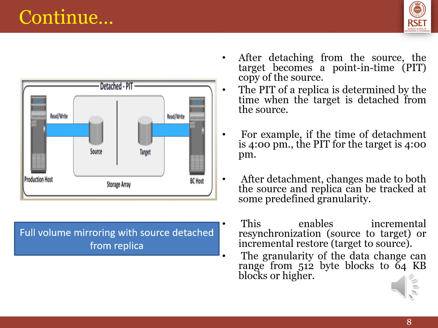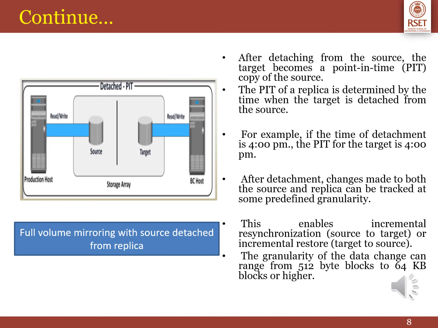After the split from the source, the target becomes a point-in-time copy of the source. The point-in-time of a replica is determined by the time when the source is detached from the target. For example, if the time of detachment is 4 p.m., the point-in-time of the target is 4 p.m.